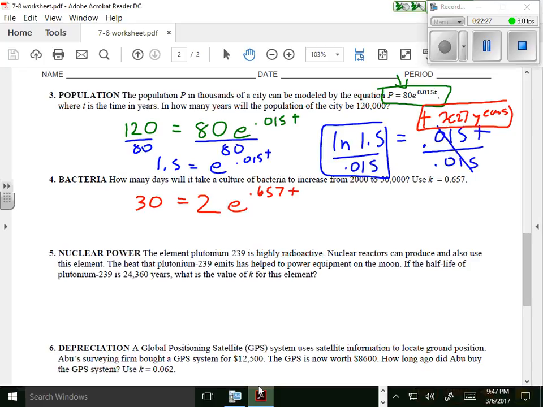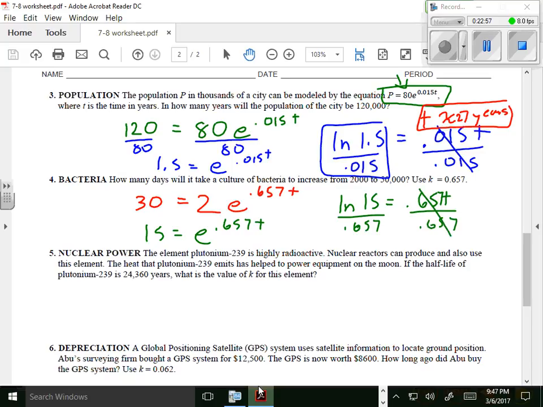If we divide both sides by 2, we get 15 equals e to the 0.657 t. Take the natural log of both sides. E will cancel, so you'll be left with natural log of 15 equal to 0.657 t. Divide by 0.657. And we'll get a time of natural log of 15 divided by 0.657.